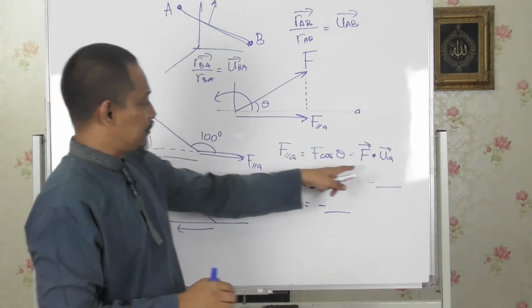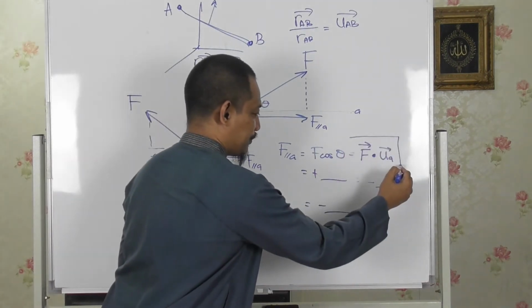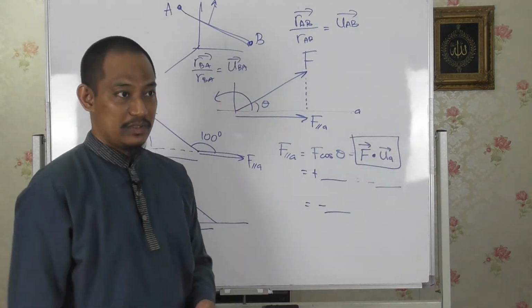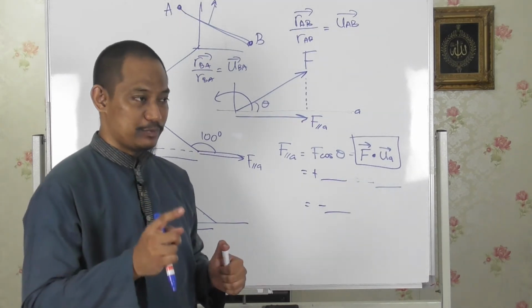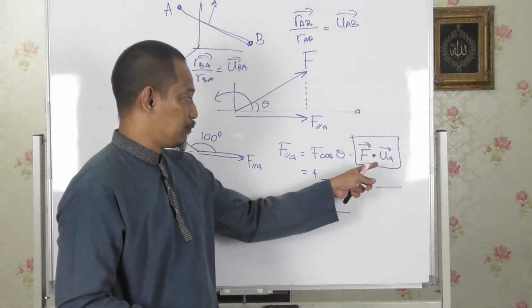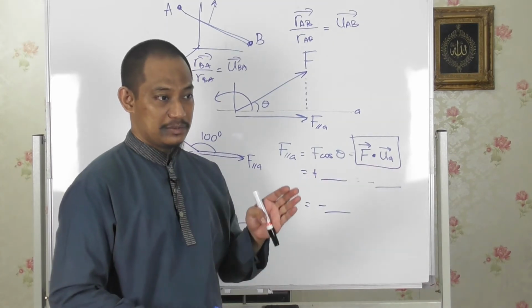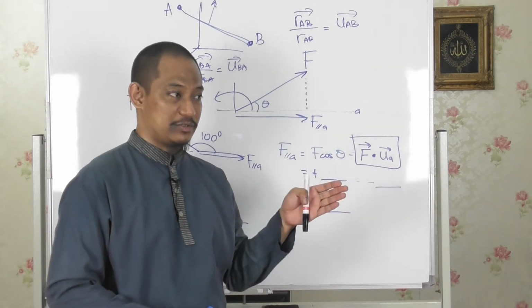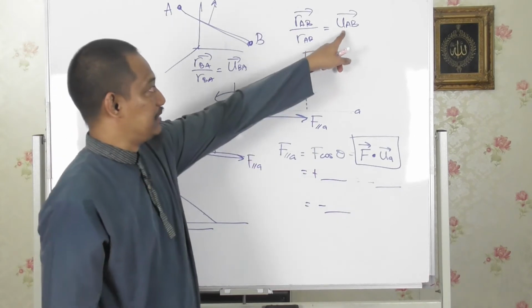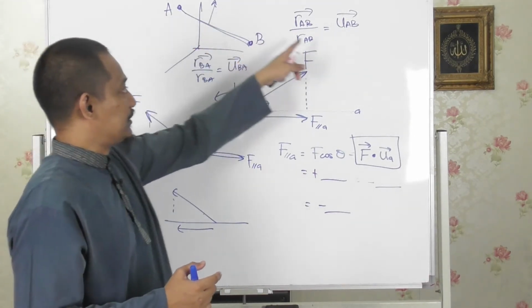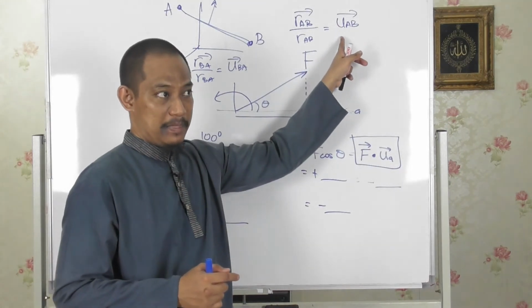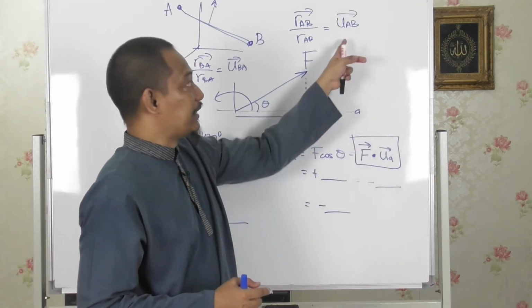So when you apply this, without realizing it, you have already put in an assumption about which direction the projected component is in. If you use AB, you assume the projected component is in the direction of AB. When you get positive, then it is correct.